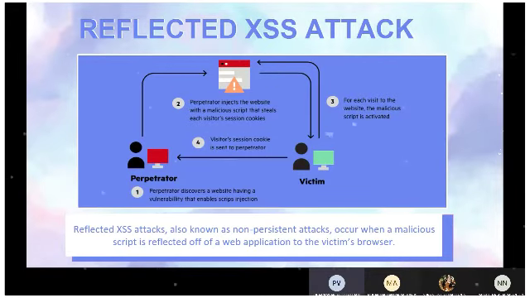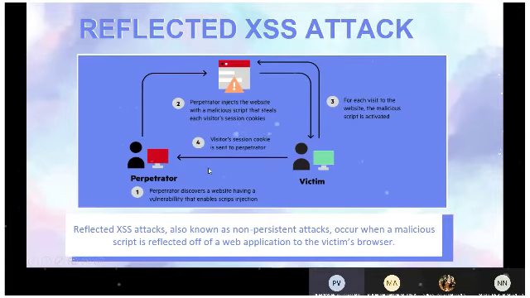Now, the reflected XSS attack. The first step is that the perpetrator discovers a website having a vulnerability that enables script injection. Second, the perpetrator injects the website with a malicious script that steals each web visitor's session cookies. Third, each time a visitor visits the website, the malicious script is activated.